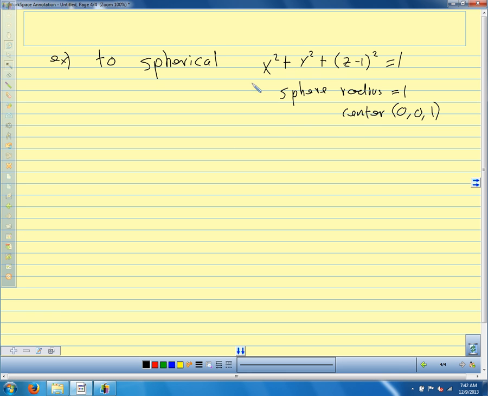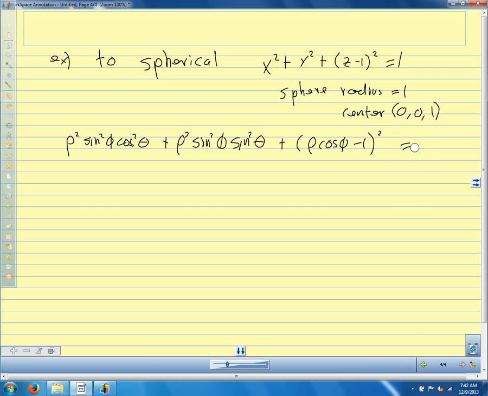So we're going to start like we did on our last one. So we have rho squared sine squared phi cosine squared theta plus rho squared sine squared phi sine squared theta. So we're going to have a similar situation here. Plus now we have the z minus 1. So this is going to be rho cosine phi minus 1, square that, and that equals 1.